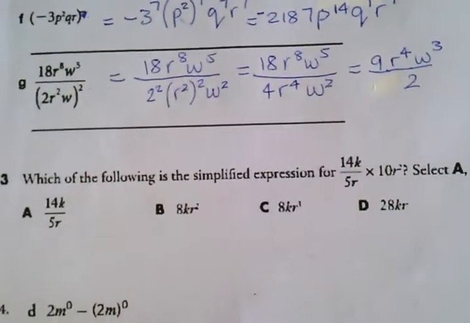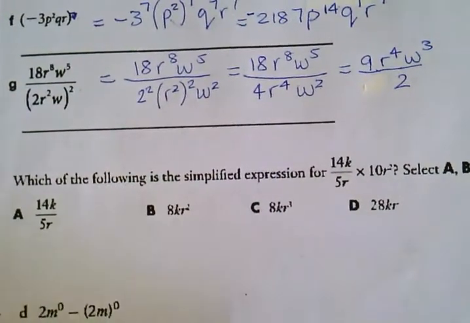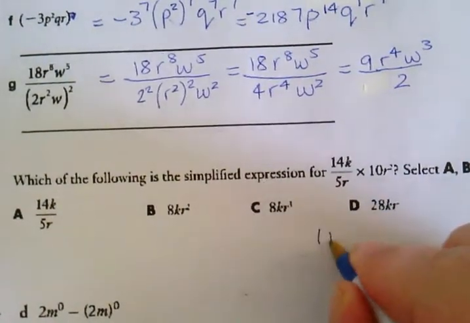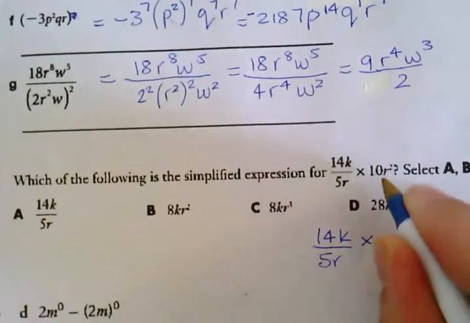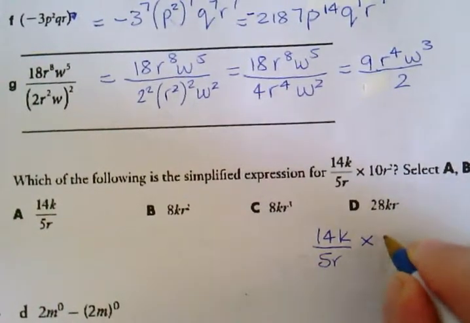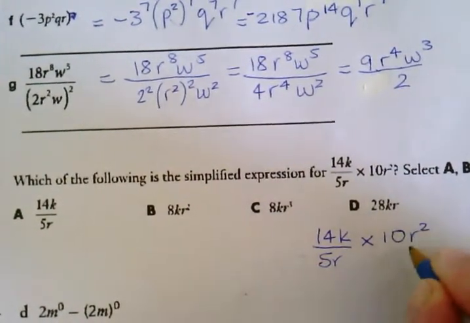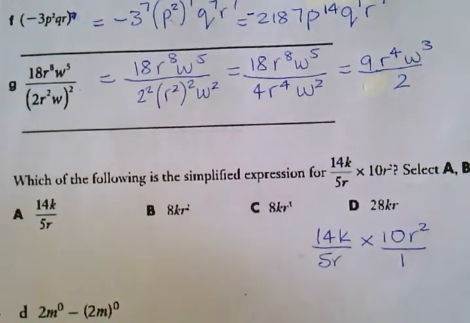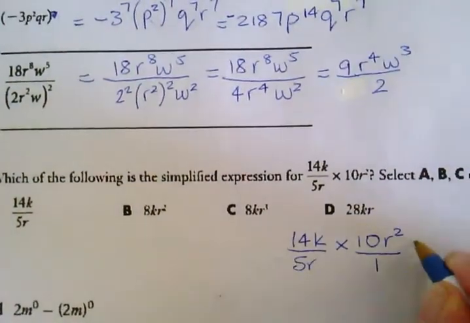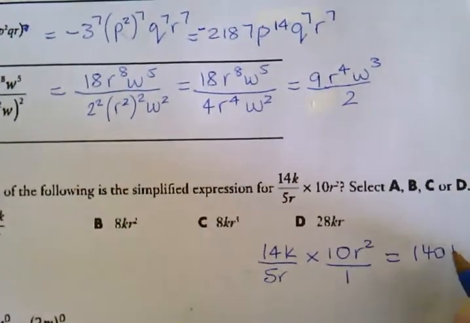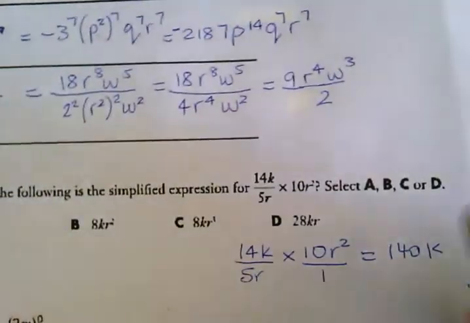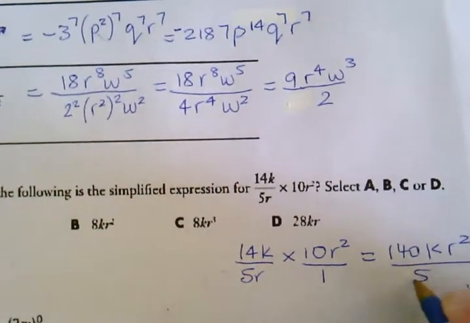Now, question 3, which of the following is the simplified version of this statement here? So we've got 14k times 5r over 5r times, now this is 10r squared, I think. 10r squared is on the numerator, so you put it over 1. So we can multiply through, or we can do some cancelling out. I'll just multiply and I get 140kr squared over 5r.